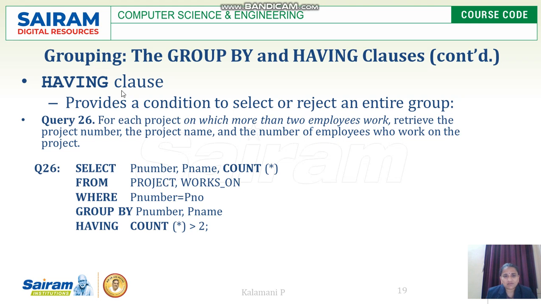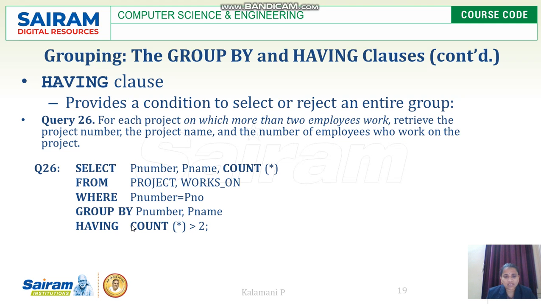So for that I can use the HAVING clause. SELECT P number, P name, COUNT(*) FROM project, works on, with a condition to link these two tables using the join condition, and then GROUP BY project number and project name HAVING COUNT(*) greater than 2.